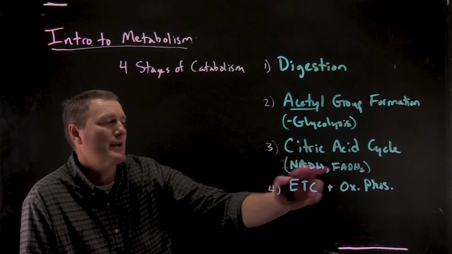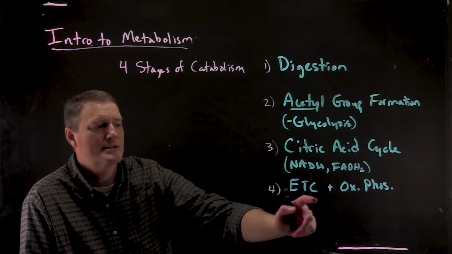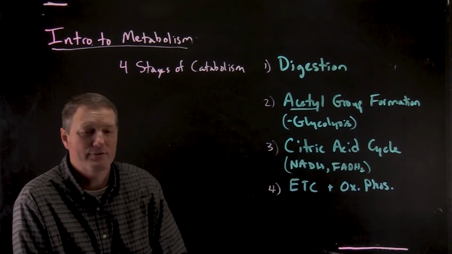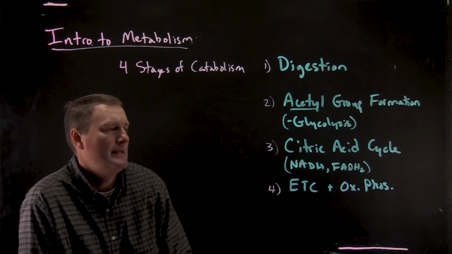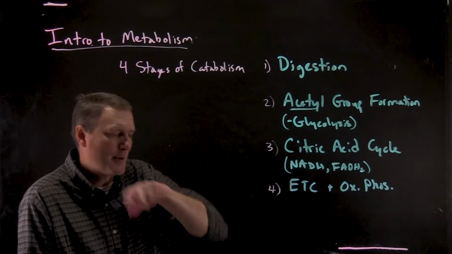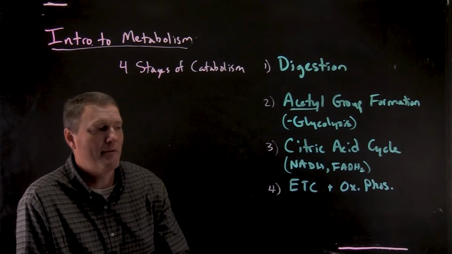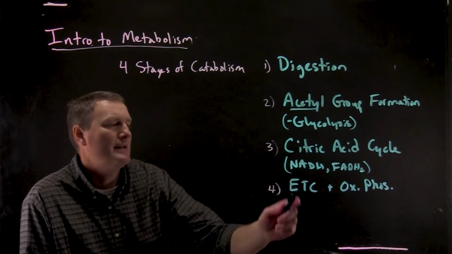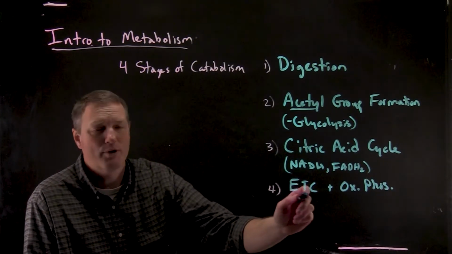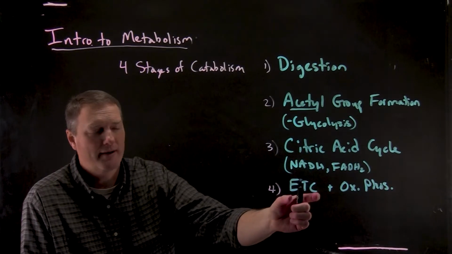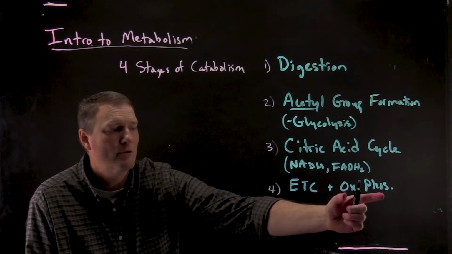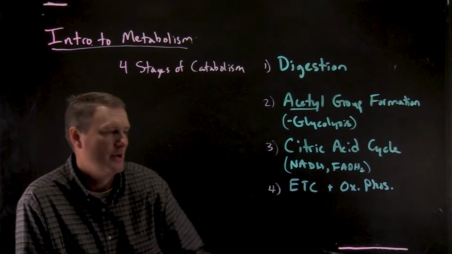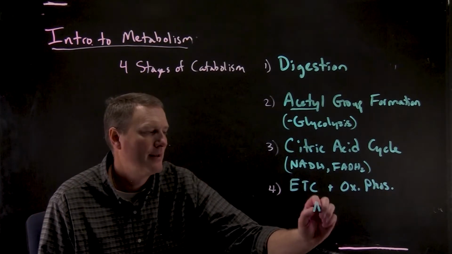And then lastly, those electron carriers are then going to go to this thing I've abbreviated as ETC, that stands for the electron transport chain. That occurs in the outer membrane, or I'm sorry, the inner membrane of the mitochondria. And then the gradient that is formed here, a proton gradient that's formed during electron transport, is going to help drive what's called oxidative phosphorylation, where we're going to make ATP.